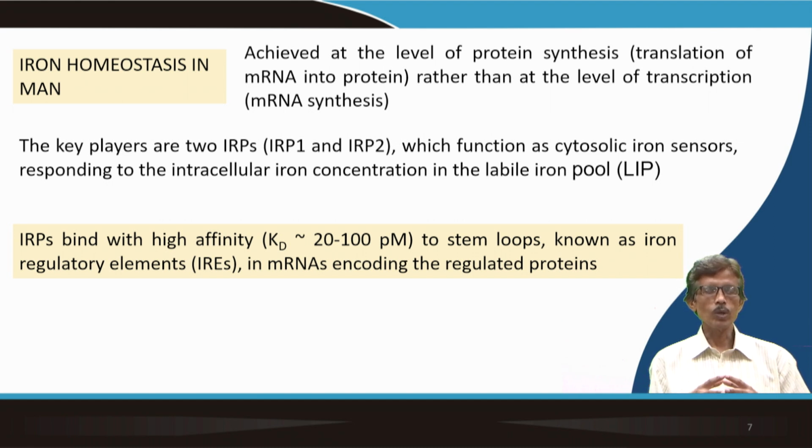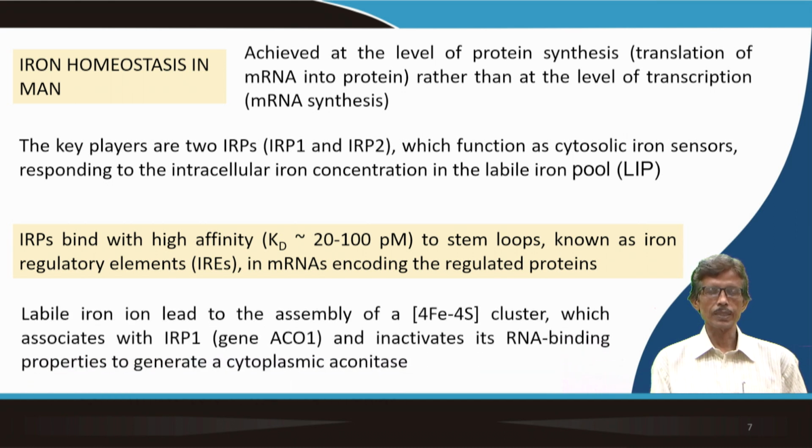So, these iron regulatory elements are there in mRNAs encoding the regulated protein, that is, which particular protein will be synthesized in this particular condition. So, what sort of protein? Already we know, we have studied in detail from our college days, the ferredoxin molecules.